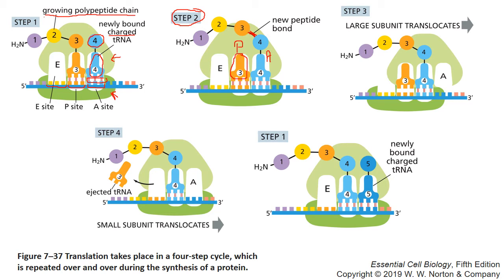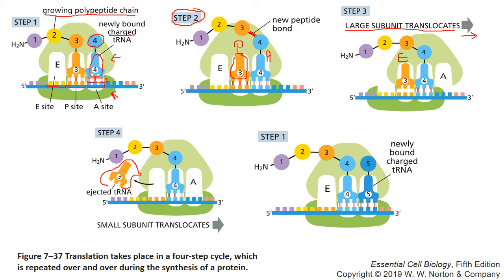Well, we see that the large subunit of the rRNA will shift its frame, follow the arrow, and when it shifts its frame, it will allow the old tRNA that was previously in P to be moved over to the E site. And that is basically a few more milliseconds before it actually can be ejected out of the entire ribosomal subunits.